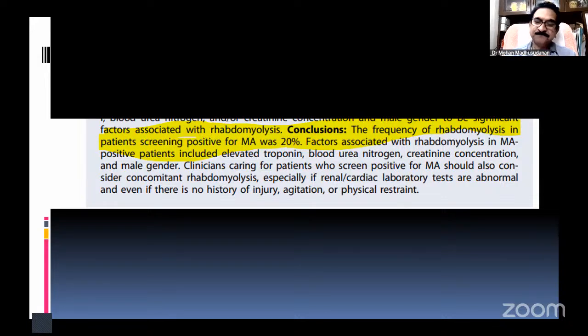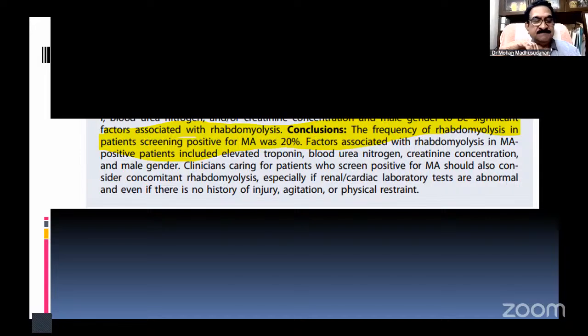Okay. The lesson is that nowadays the number of people consuming these drugs is very high. We do not know whether they may be consuming these drugs. So you have to keep this possibility in the back of the mind. Always ask a drug history.